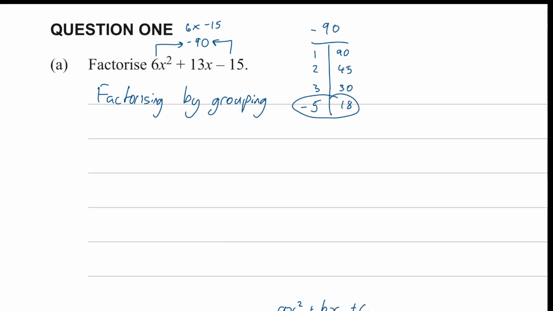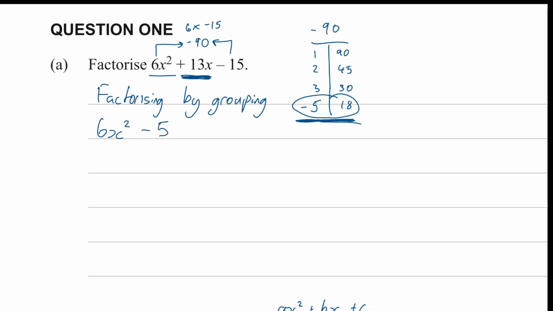And now what we do with those two numbers is this. We have 6x squared, but instead of 13x, we will write that as minus 5x plus 18x.